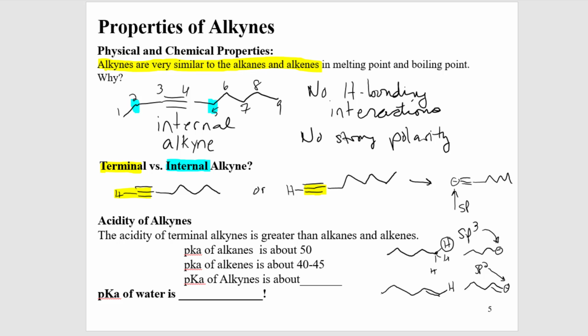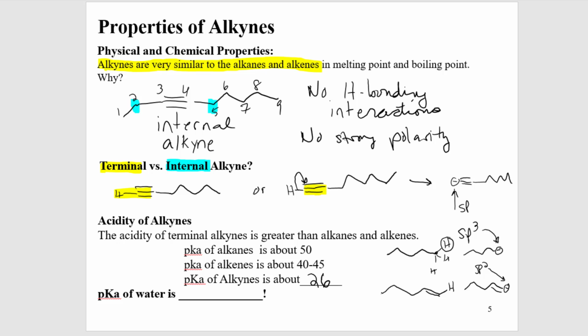So let's go through it. A pKa for an alkane having an sp3 orbital lone pair is about 50. The pKa for a vinyl anion, the lone pair in an sp2 orbital, is about 40 to 45. And we talked about how that's not really that acidic. Here's the kicker. When you deprotonate an alkyne, you've dumped the electrons from the bond into an sp orbital, that carbon with an sp hybridization. Do you know what the alkyne pKa is?